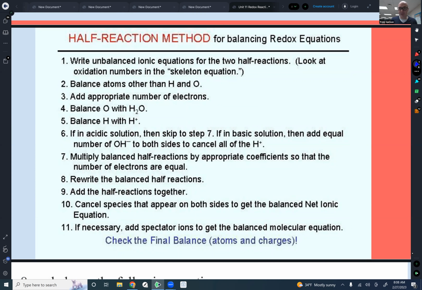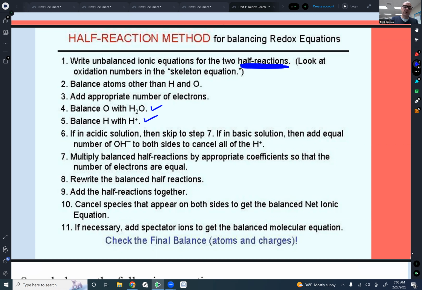The first step is that we must split it into half reactions. That's what we've just been doing. We've been assigning oxidation and reduction labels. Then we are going to balance the H's and the O's. We're going to balance the O's with adding H2O. We're going to balance the H's by adding H positive.